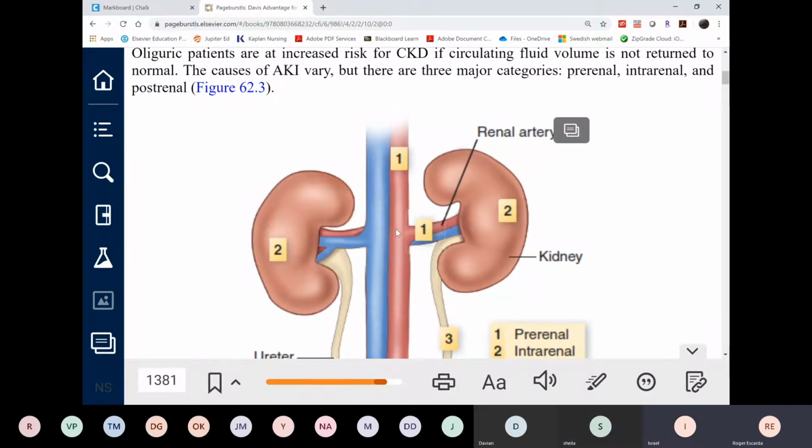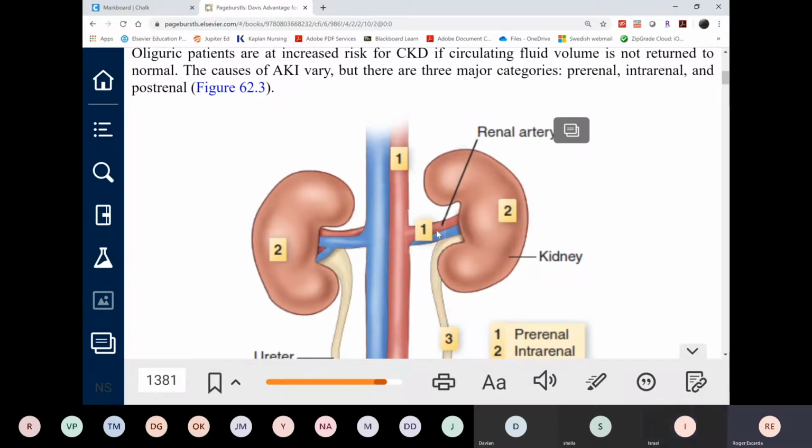Please reconsider that plan. How about if Miss Vivian has a stenosis of one or both renal arteries? So there's a stricture here, a narrowing. Can that lead to pre-renal kidney injury? Yeah.